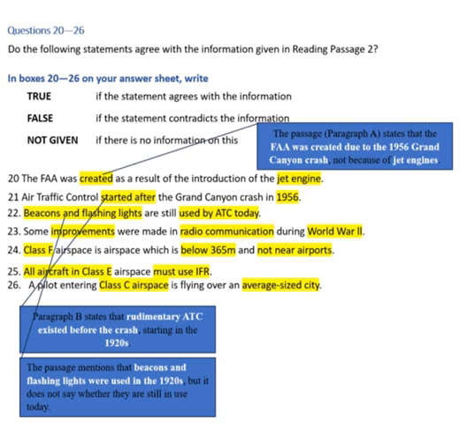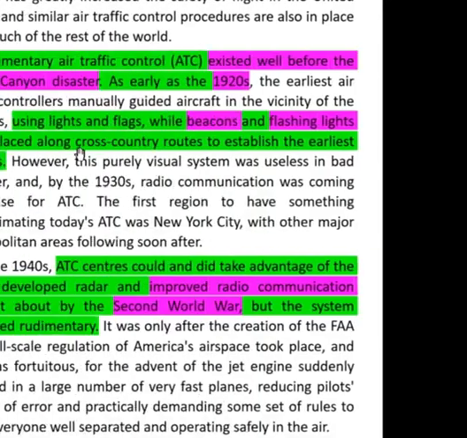Some improvements were made in radio communication during World War II, meaning that there were improvements in radio communication. So we'll look at the passage and use keywords such as improvements, radio communication, and World War II to find the paragraph. Paragraph C.